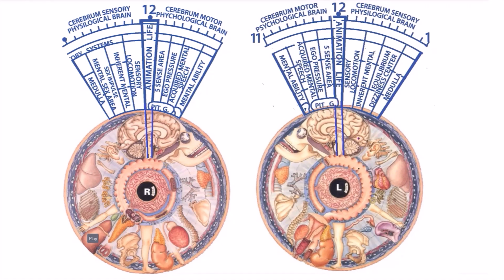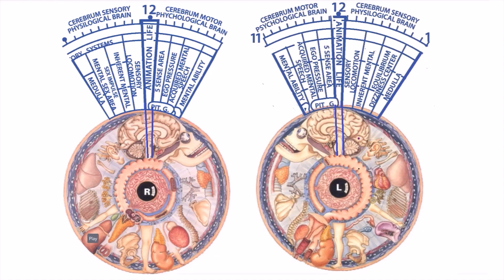For the Animation Life Center, he says, if we imagine a circular cross-section 2 or 3 inches in diameter, straight down through the center of the top of the skull, our hypothetical core would include limbic portions of the cerebrum, the thalamus, hypothalamus, including the pituitary gland, and pons.